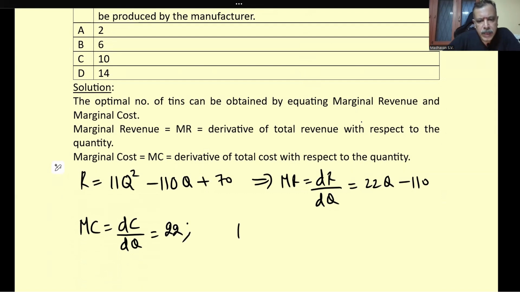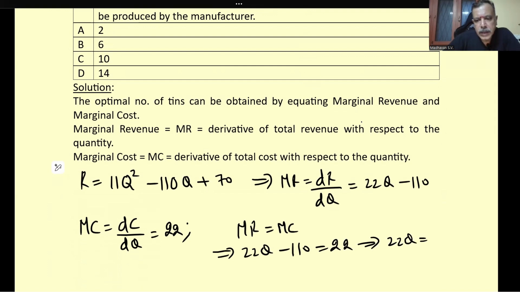Now, we will equate marginal revenue to marginal cost. We will get 22Q minus 110 is 22. That means 22Q is 22 plus 110, or we say 22Q is 132.